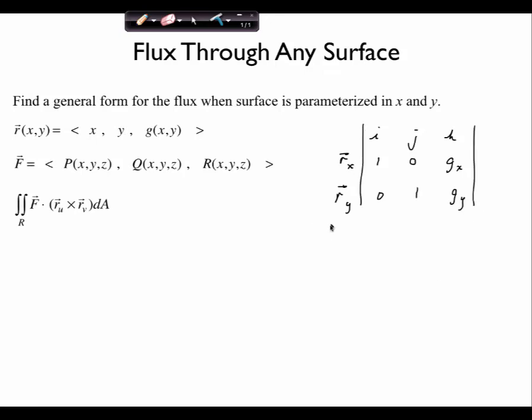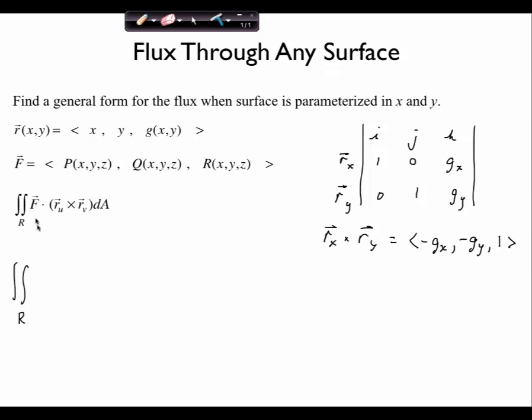So my Rx cross Ry is going to be negative the partial of g with respect to x, negative the partial of g with respect to y, and 1. So whenever you parameterize in terms of x and y, your cross product will always be this. But we can keep going, right?